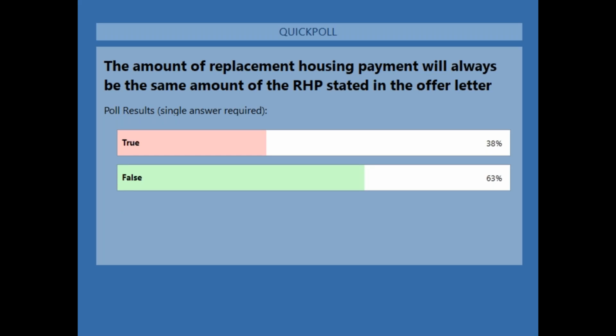And the answer is B, false. The amount of the price differential payment actually received is based on the cost of the replacement home and what the displaced person actually spends.